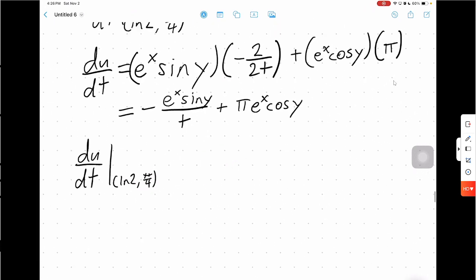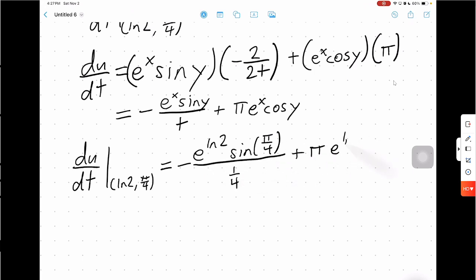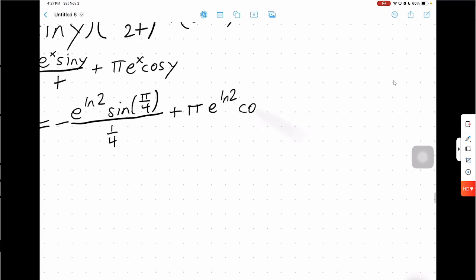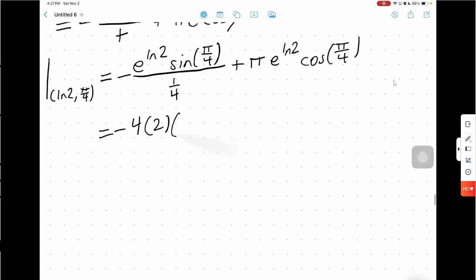So that's what we plug in for t on this. So negative e to the ln 2 sine of pi over 4 over 1/4 plus pi e to the ln 2 cosine of pi over 4, which becomes negative 4, e to the ln 2 is just 2, and sine of pi over 4 is root 2 over 2.